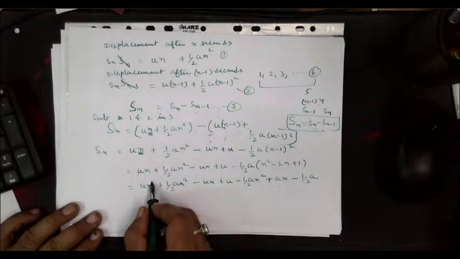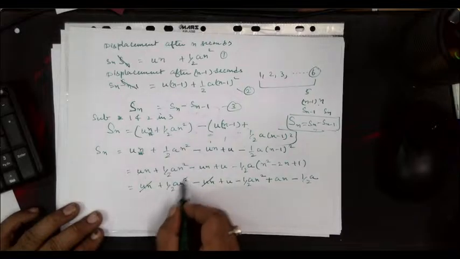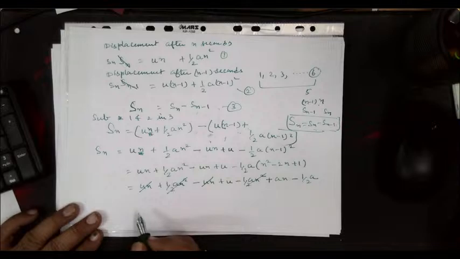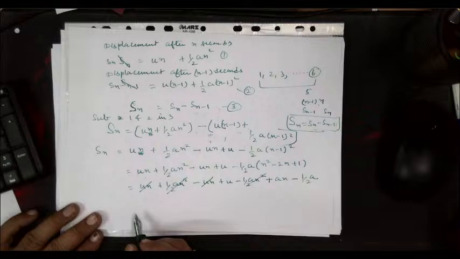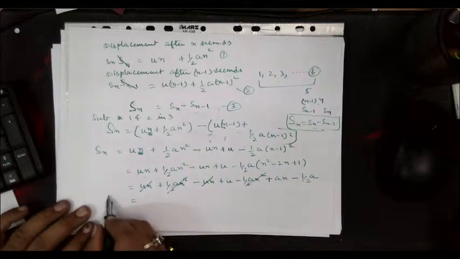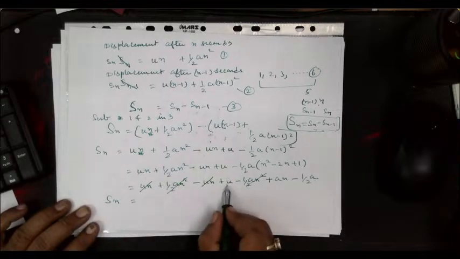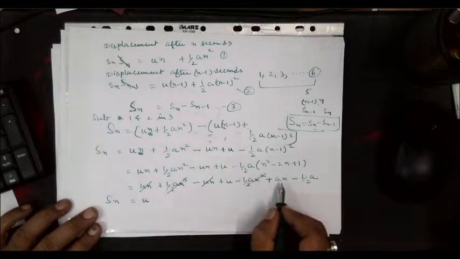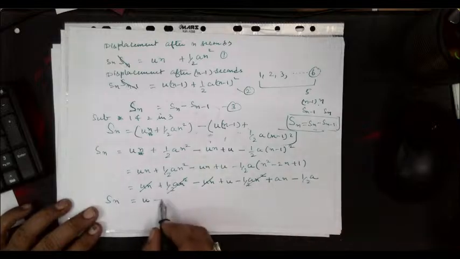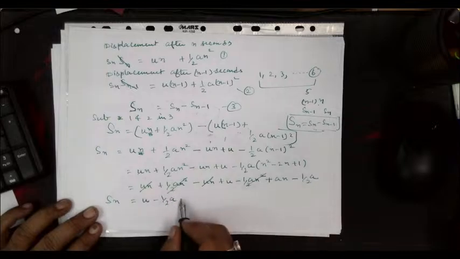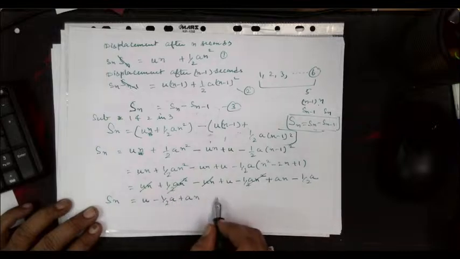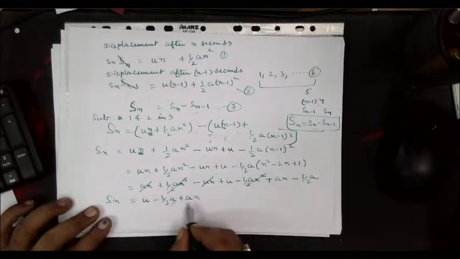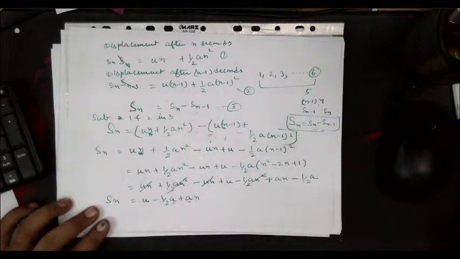Now we can cancel: half an squared minus half an squared, right? Now we can write the remaining. Therefore sn is equal to u, and what about this one, minus half a plus an, right? Okay. Now in both cases we have got a, right?